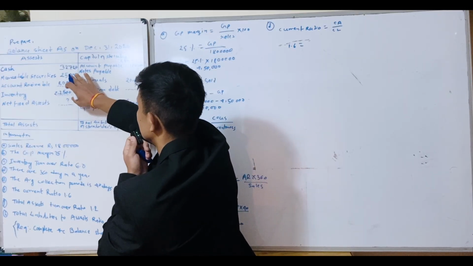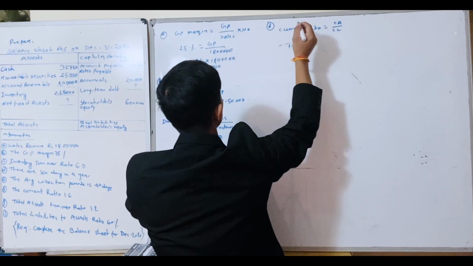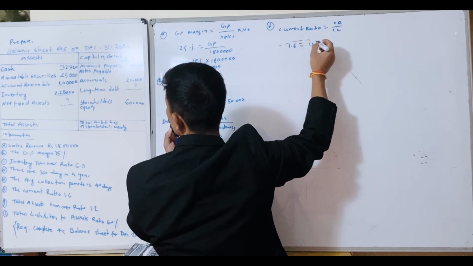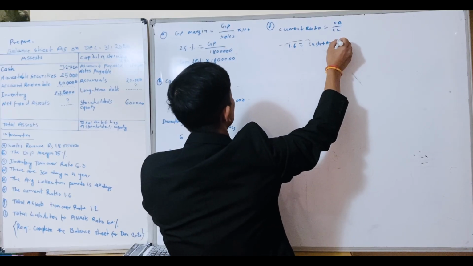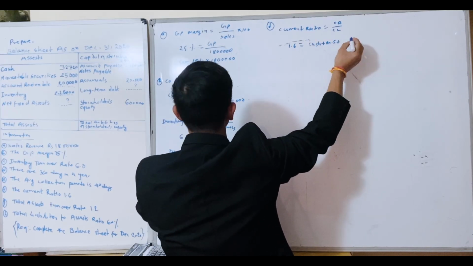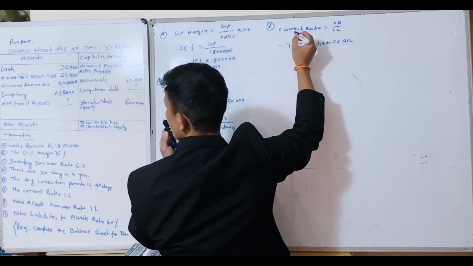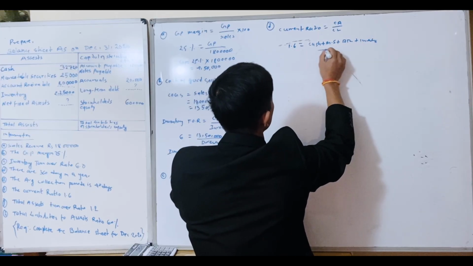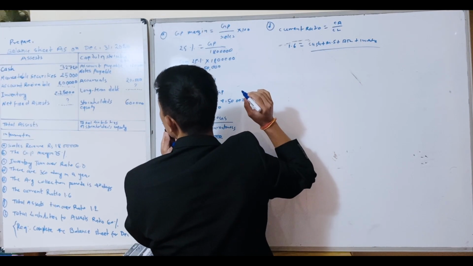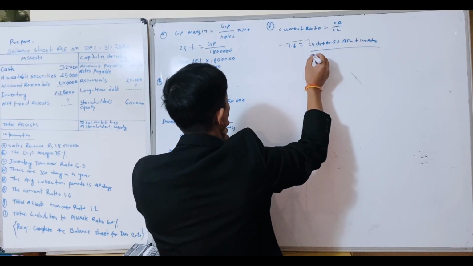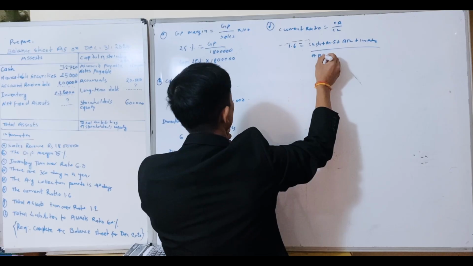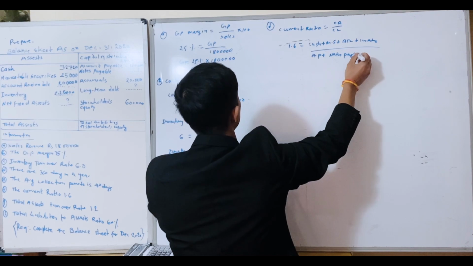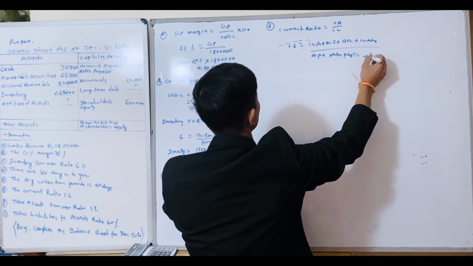If you look in the informations in the balance sheet, current ratio is cash plus marketable securities plus account receivable we just calculated just now, plus inventory, divided by current liabilities. Current liabilities here is accounts payable plus notes payable plus accruals.